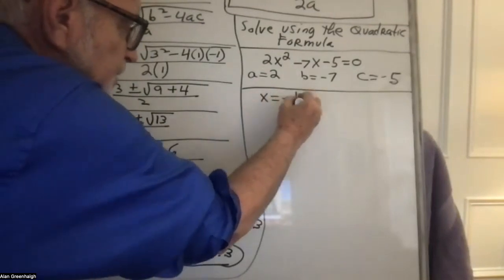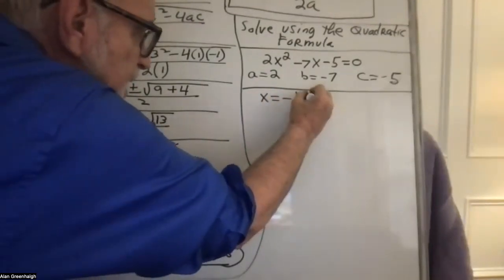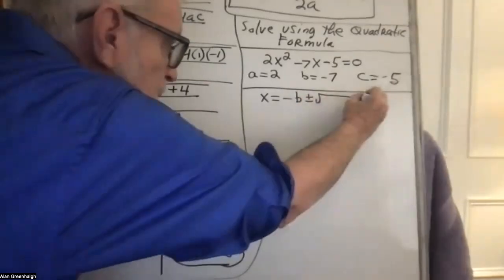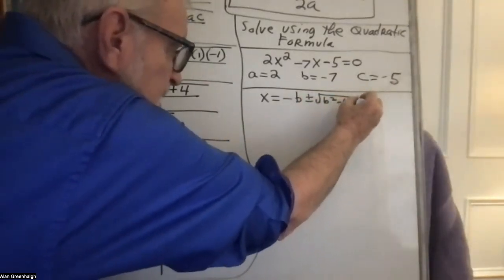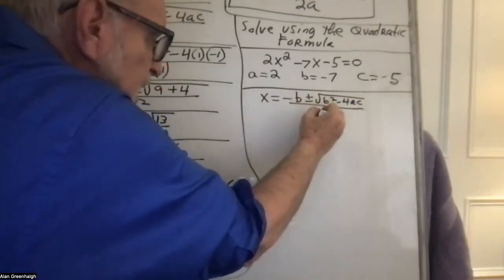So state the formula: -b plus or minus the square root of b squared minus 4ac, over 2a.